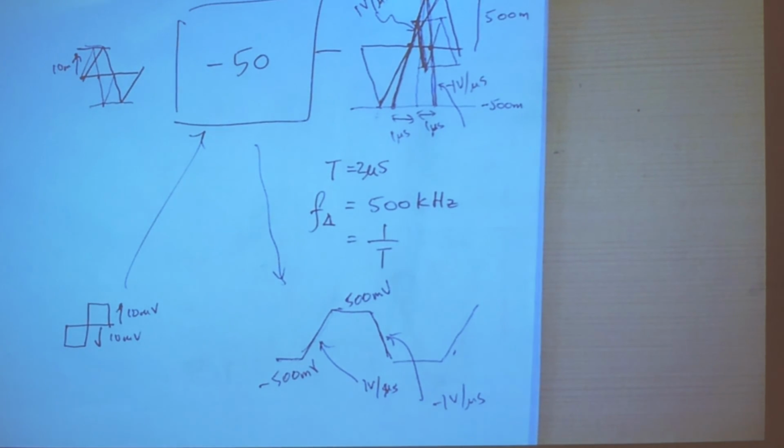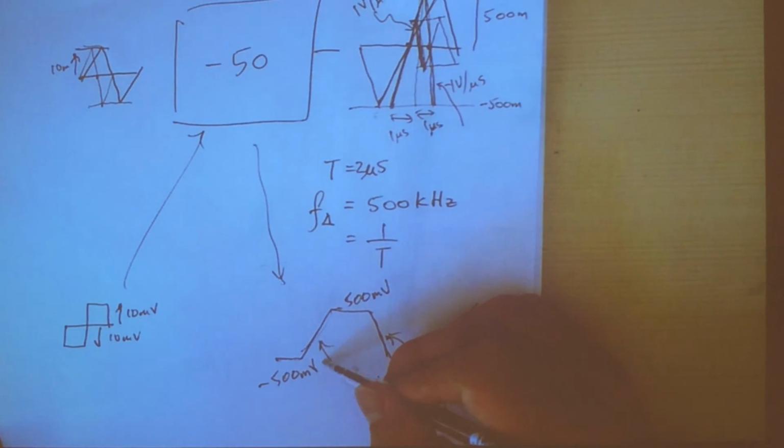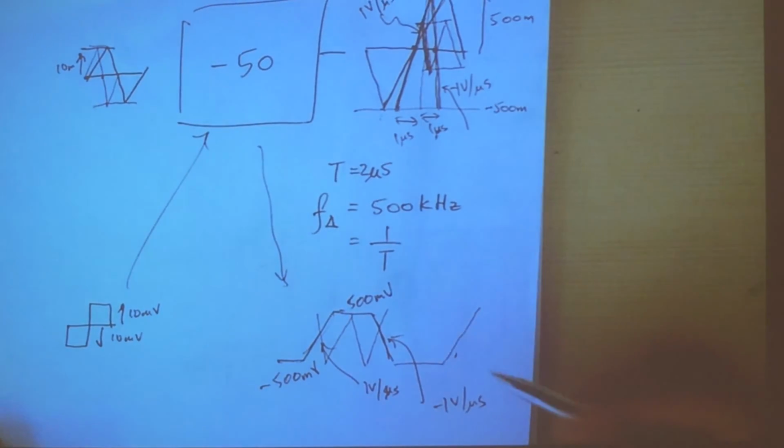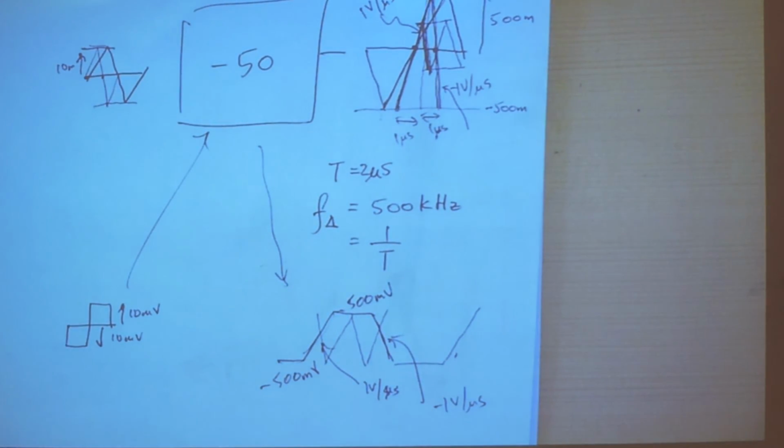So when these two slopes touch one another, what is this frequency? The frequency will be 500K. The frequency will be the same as what we have done just now. It will be 500K because now the flat top will disappear.